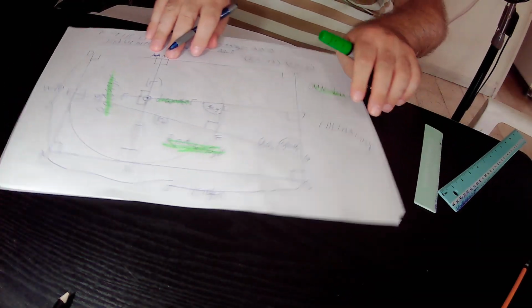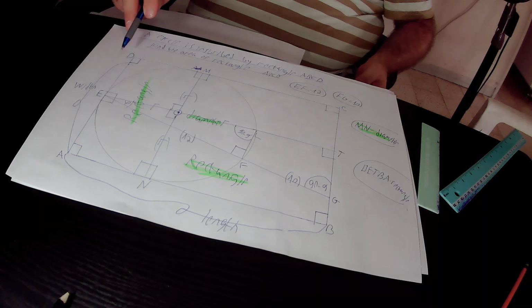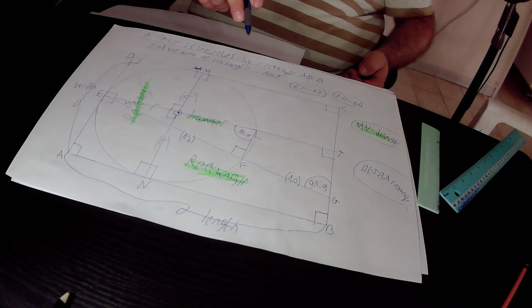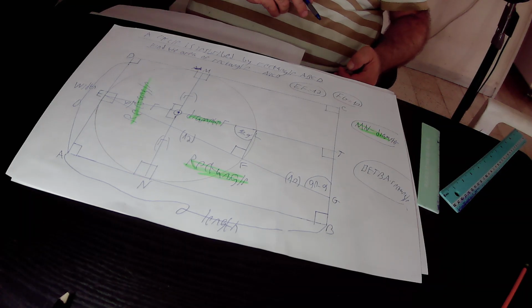So actually, it is very easy to see that the big right triangle ETG is similar to the small right triangle EFL. They have exactly the same angles.